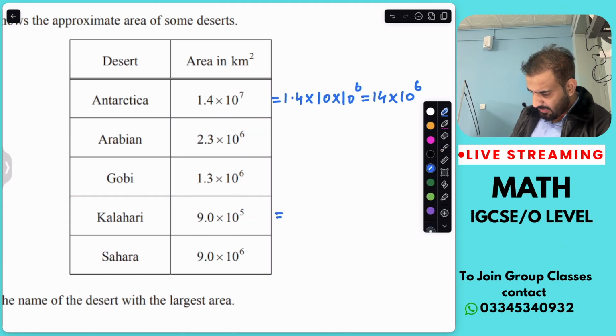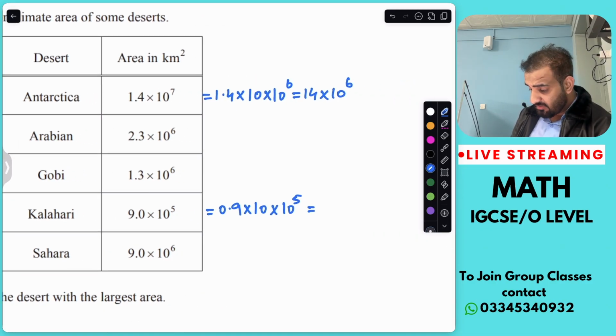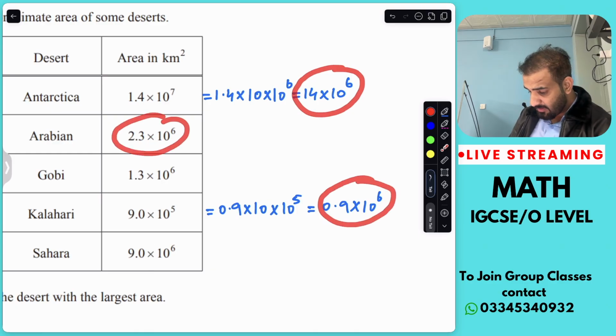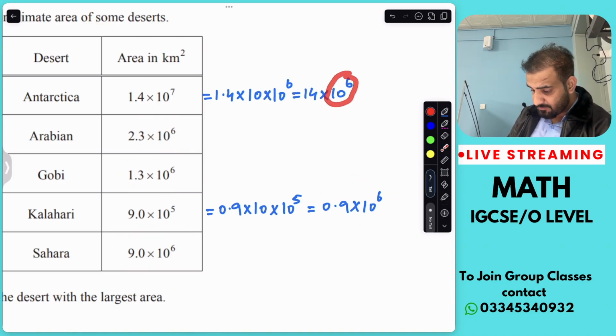So you can write 0.9 times 10 times 10 raised to power 5. 0.9 times 10 is 9, so I can write 9 as 0.9 times 10. So we can write 0.9 times 10 raised to power 6. Now everything is in power of 6.